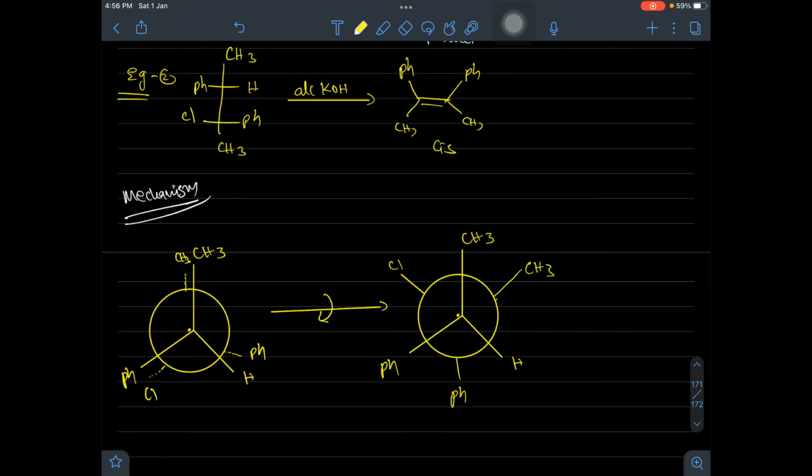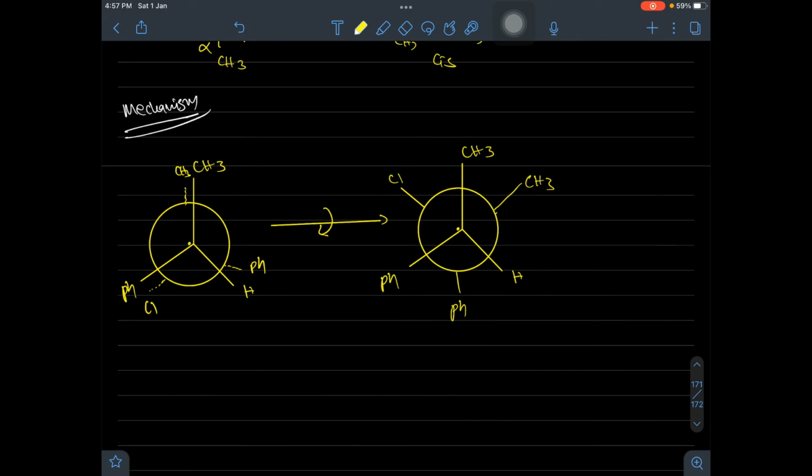Now this is an alpha carbon having halogen, and this is a beta carbon. From here hydrogen goes, from here halogen goes in the opposite direction, anti-elimination happening. The base will donate a lone pair of electrons so that it comes out.